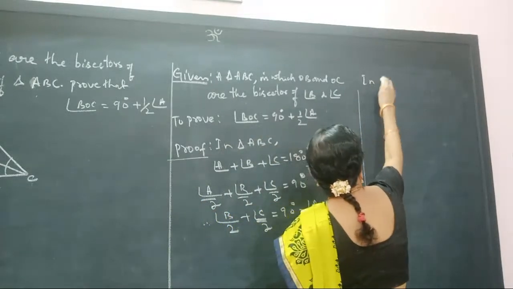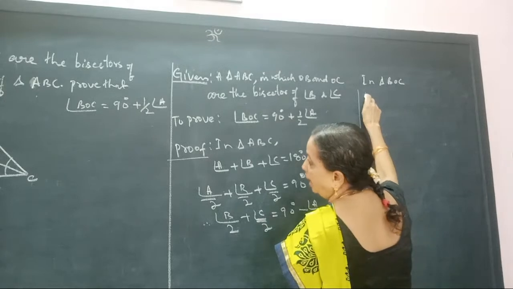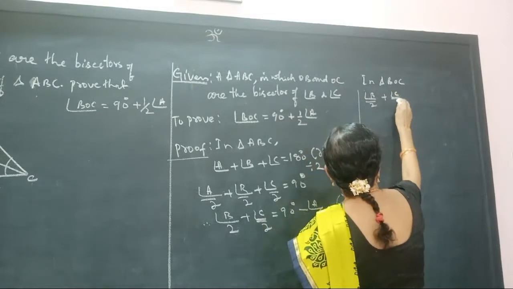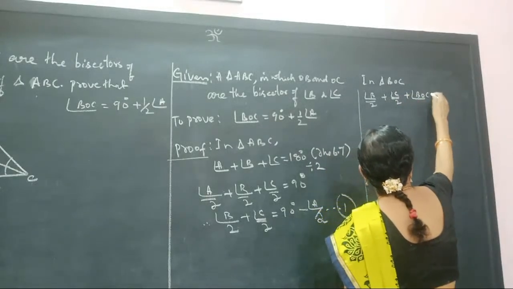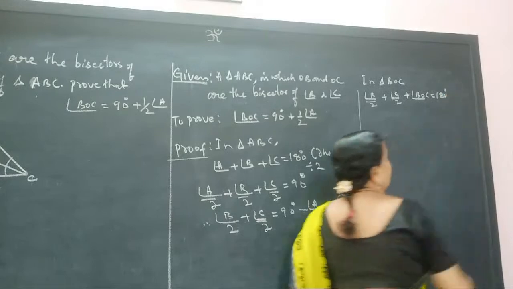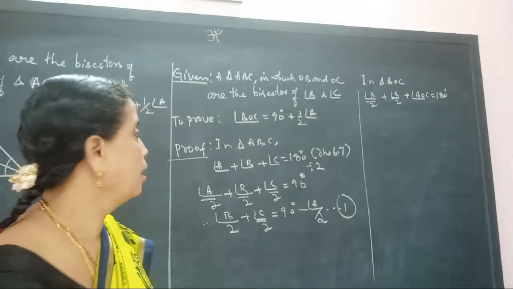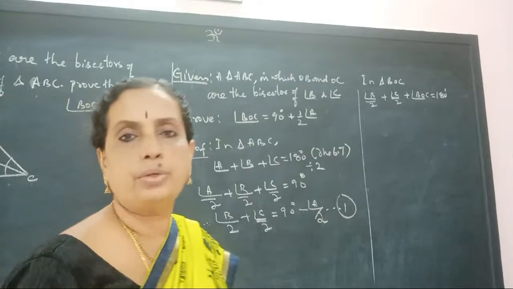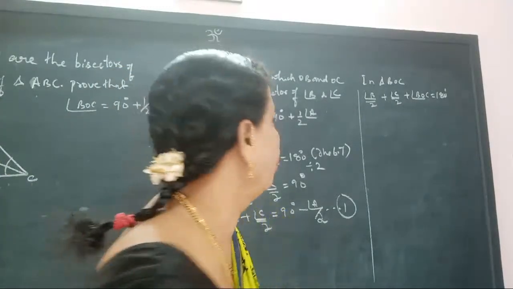In triangle BOC, angle B by 2, angle C by 2 plus BOC equals 180 degree, because in the question they are given as the bisectors. Instead of writing OBC, I have taken it as angle B by 2. Is it clear? Why it is B by 2, why it is C by 2.